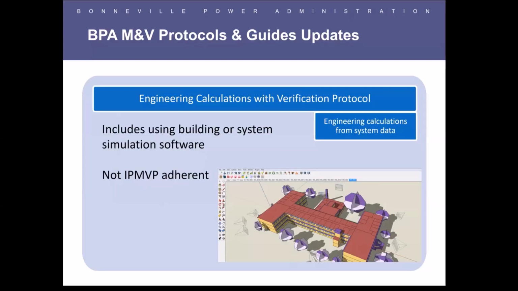The way that the new construction simulation section is written, it does not require that the building simulation be calibrated to measured energy data, which makes it not adherent to IPMVP. But we did clarify in this publication that for larger projects, using a calibrated simulation certainly is best practice and should be considered.